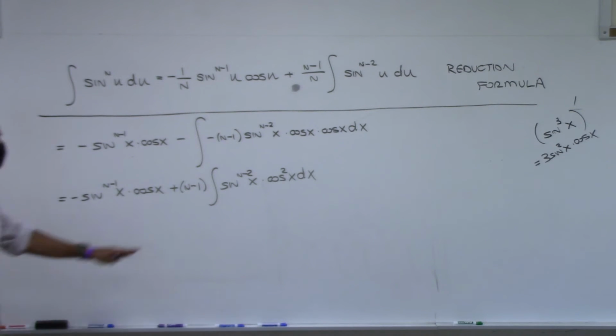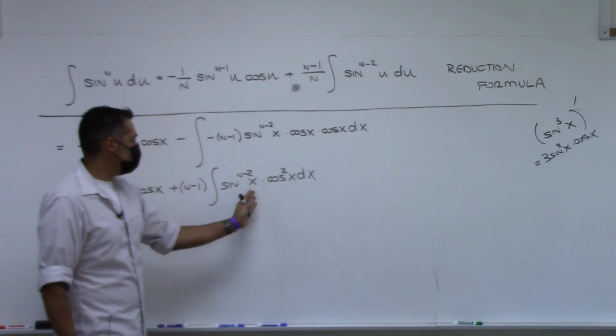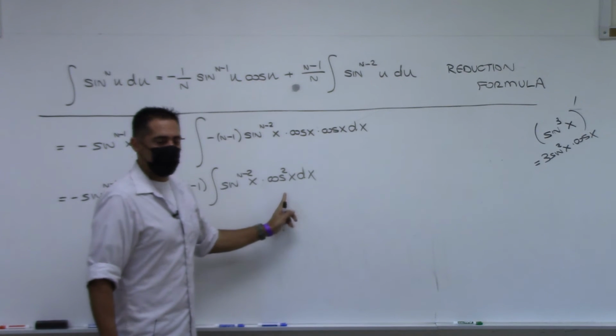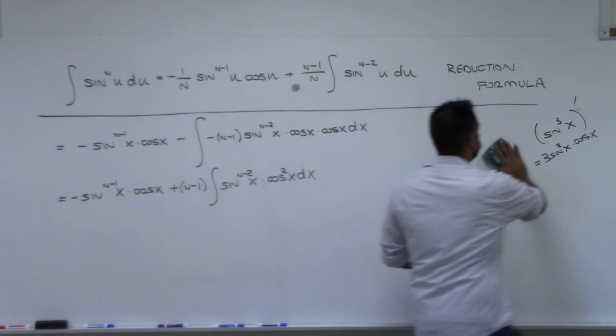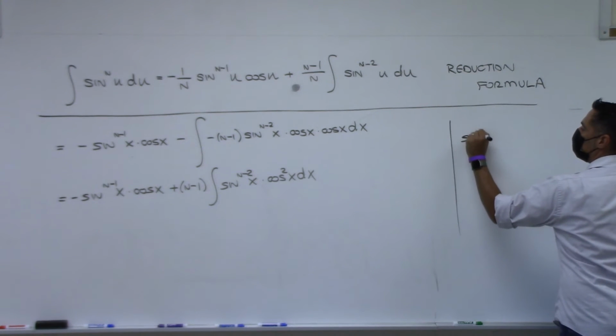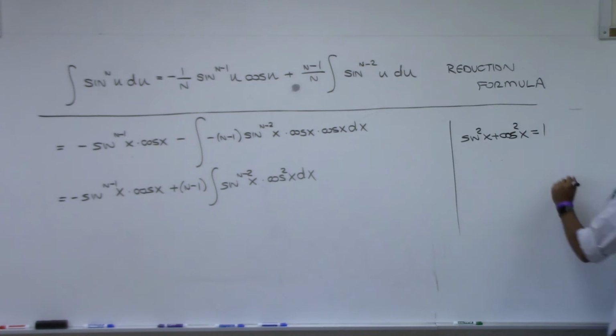Now this integral is no good, all right? Because we can't do anything with this. And it's not this, is it? Okay, so next step, this is a cool step right here. Keep in mind the good old Pythagorean identity. Sine squared x plus cosine squared x equals 1, right?